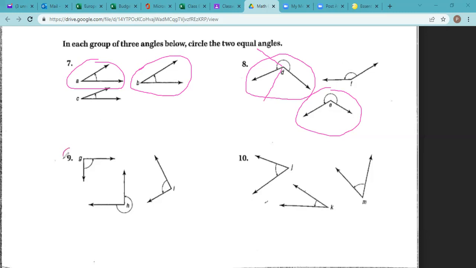Number 9, the two angles that are exactly the same are going to be G and I. And if you look at it, they are both 90-degree angles. They're just turned differently. But if you look at this one for H, think about this, divide it into 4 pieces again.